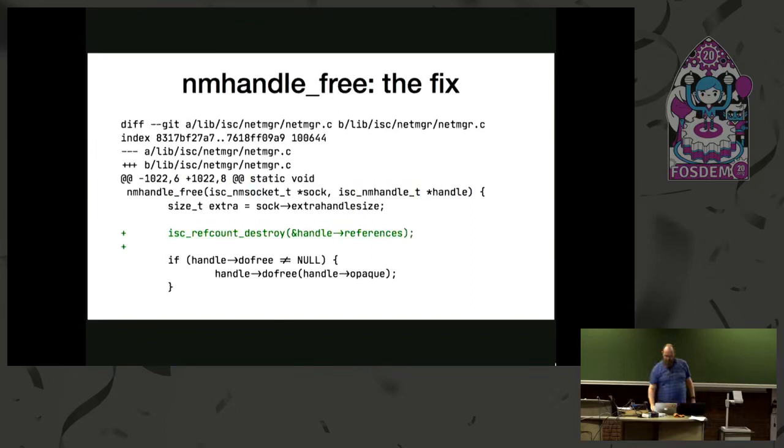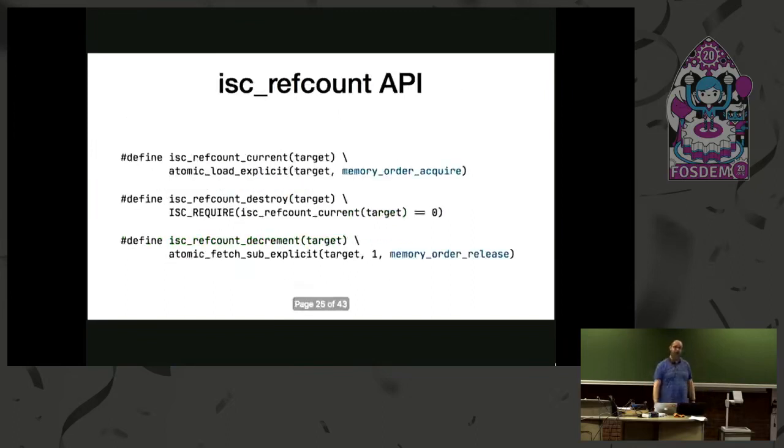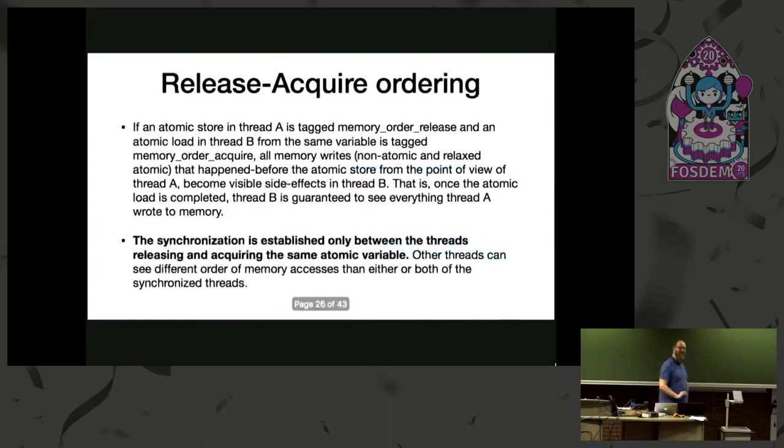Why? Because the refcount API uses the standard atomics, and the decrement function uses the memory ordering release, and the destroy function uses the order acquire. To actually understand this, it's in the documentation.